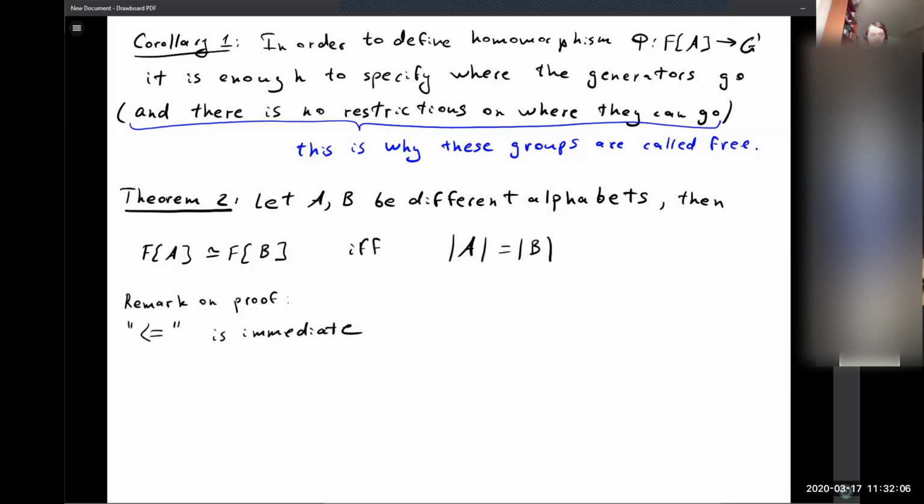Now, however, the opposite implication is actually not that easy. And let me explain why this part is not immediate. It is not immediate precisely because there are complicated isomorphisms between free groups.